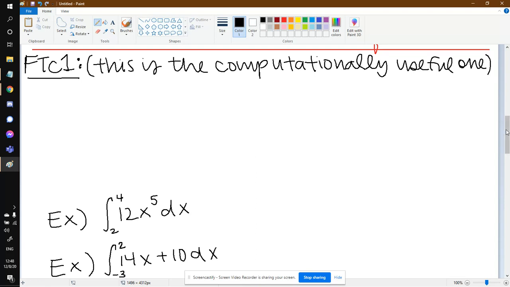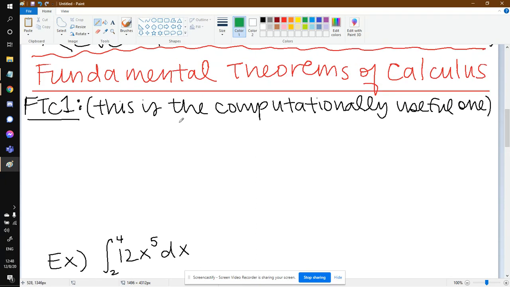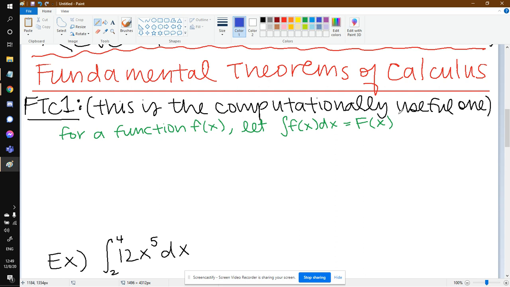The computationally useful fundamental theorem of calculus is that for a function f, we're going to name its derivative as big F. So big F is the area function that we find using the indefinite integral.